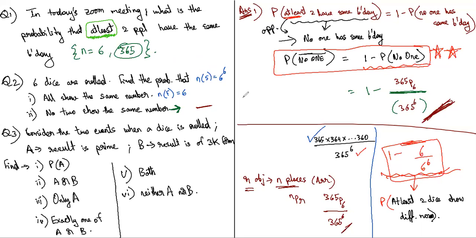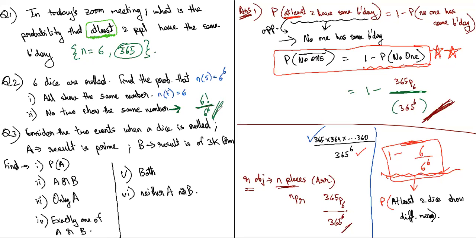So 6 different numbers you have to put on 6 different dice. In how many ways can it be done? 6 factorial. Numerator 6 factorial. और डिनोमिनेटर क्या होगा? सैंपल स्पेस. व्हाट इज द सैंपल स्पेस? 6 to the power 6. बस इतना सिंपल है.